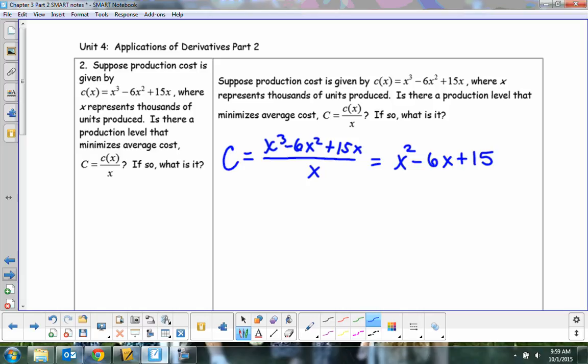Positive. All right, so X has to be greater than 0. Keep going.